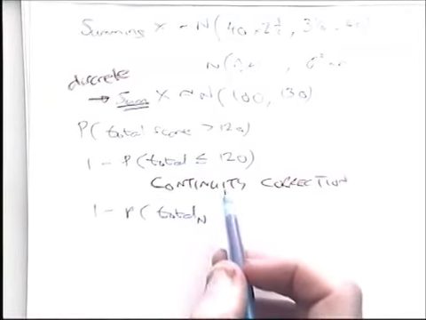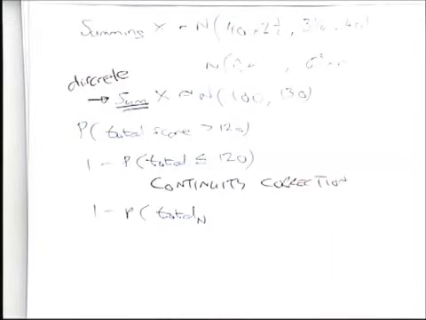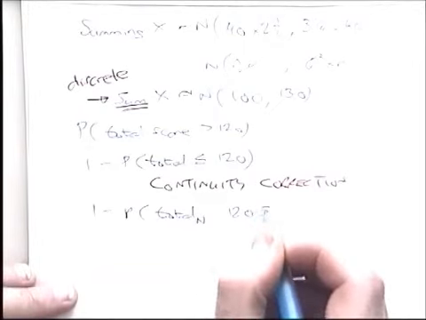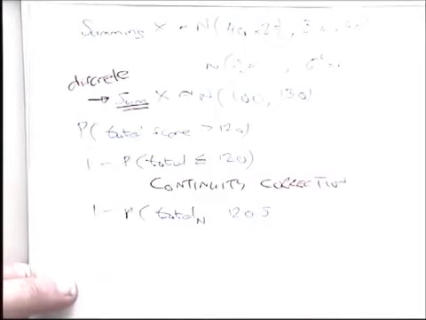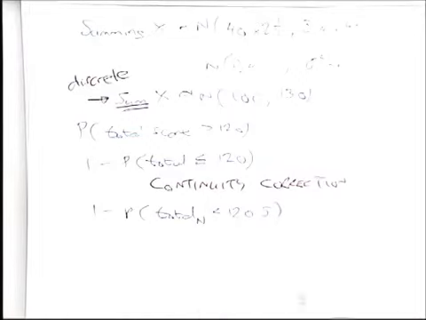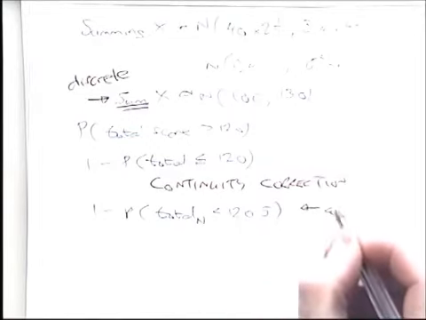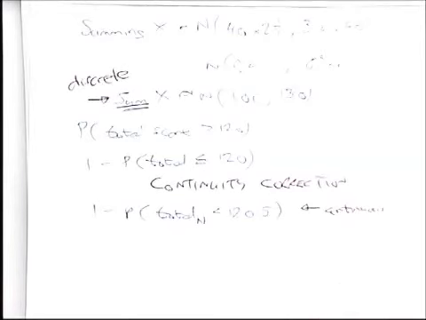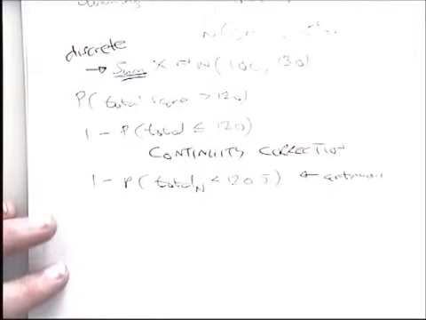What am I going to put in here instead of my 120? 120.5, yes, because I want to include the 120, so I've got to go up above it. And this line here, I am now back in continuous territory.